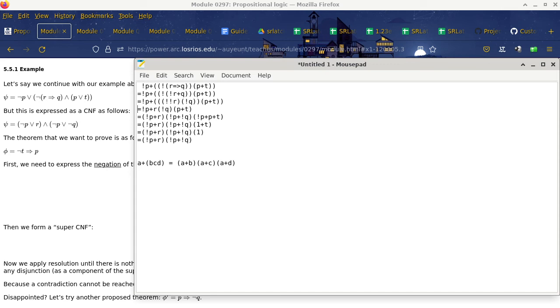So obviously it's not P or R, or not P or Q. Yeah, or not Q. So couldn't this potentially just be not P or R, not Q? Okay, now I see what you mean.